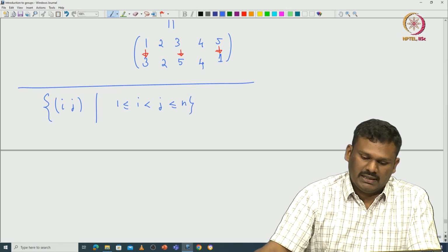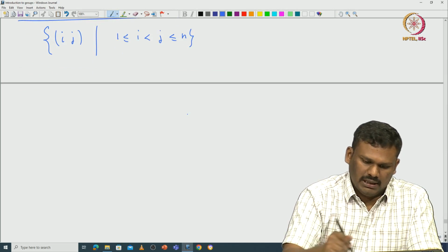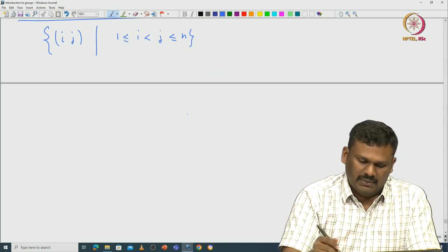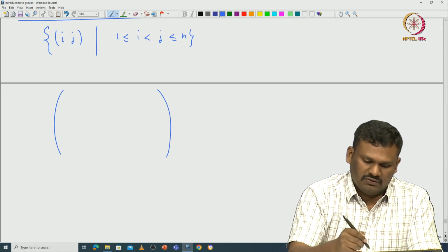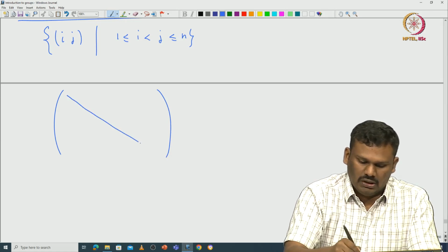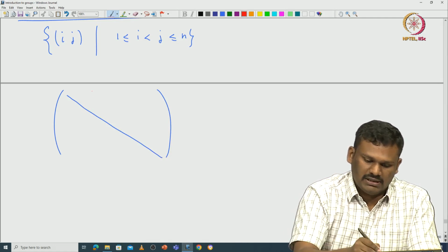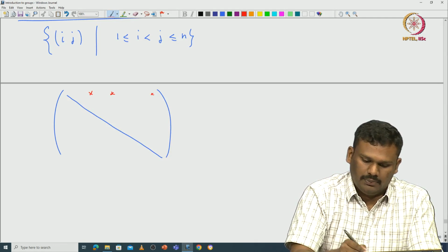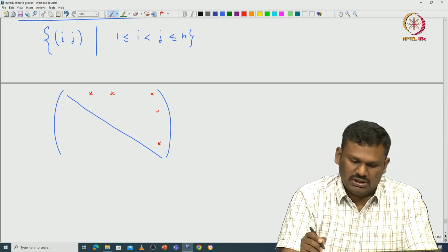This is exactly the strictly upper triangular part of the matrix. If you look at it in terms of matrices, the diagonal will be the entries (i i). So, if you take all these entries on the top, that corresponds exactly to these transpositions.